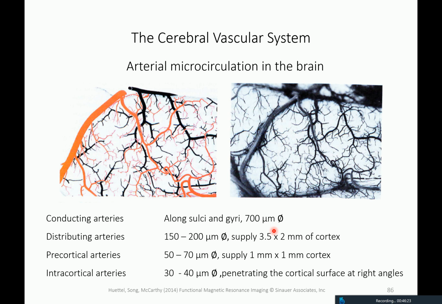This is the largest anatomical specificity for functional activation that one can get. If it's happening at the precortical arteries, then it's going to smaller levels, and this is all still on the outside of the cortex. The intracortical arteries take right angles and go into the cortex, and they supply even smaller aspects. So in the end we can't say it's at this level or that level; there's no clear-cut and easy answer.